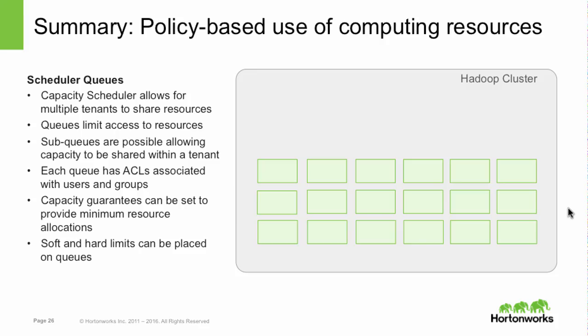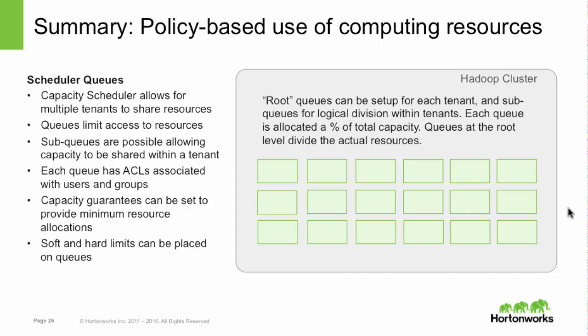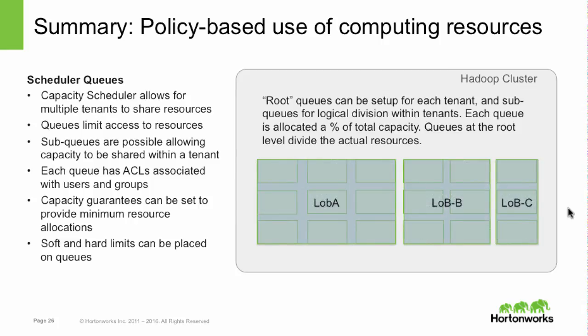And then a recap, to drive it home with an example. We have a cluster of 18 nodes across the bottom. And what we're going to do is define three primary root level queues, root level tenants, which are just your three different lines of business that your organization has decided on, and you can see the slices where A gets a little more than B, which gets a little more than C. We applied those high-level queues against that.